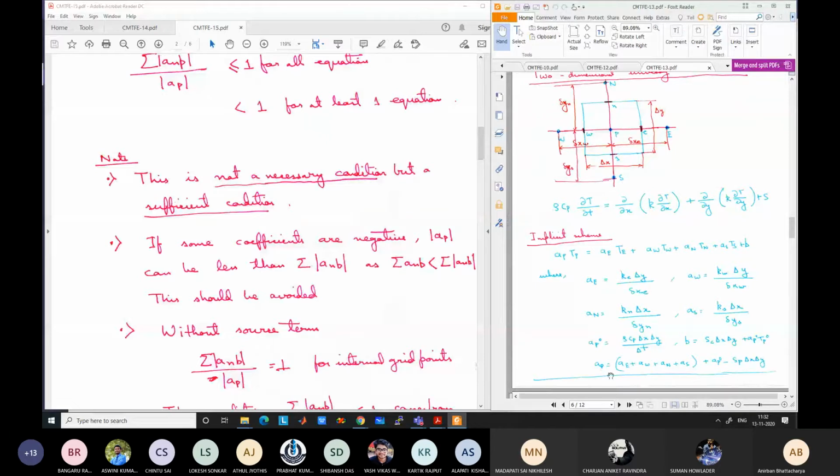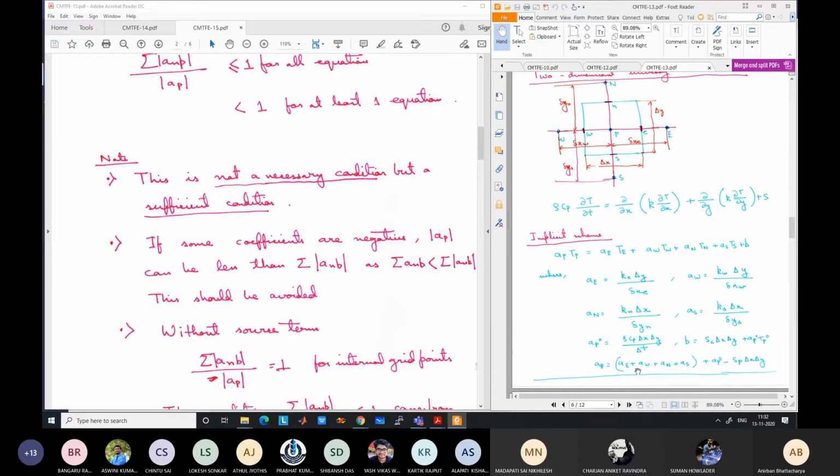Yes. So again, AP is equal to AE plus AW plus AN plus AS minus SP. If there is a transient term, then the transient term also comes into the picture, and a negative source term also comes into the picture. If these are not there, it is always equal to the sum of the coefficient values.